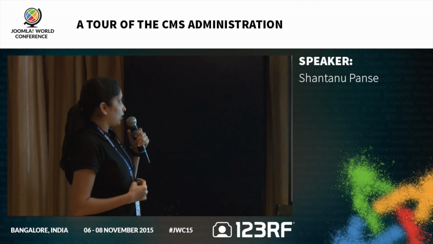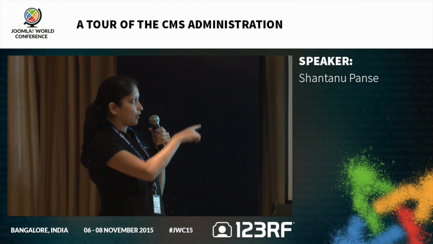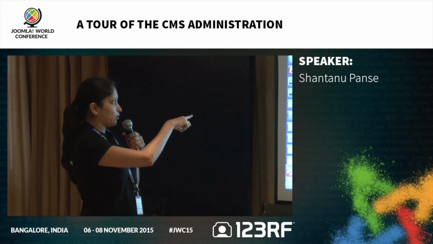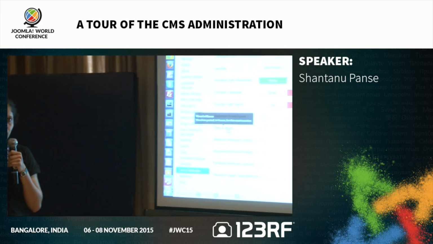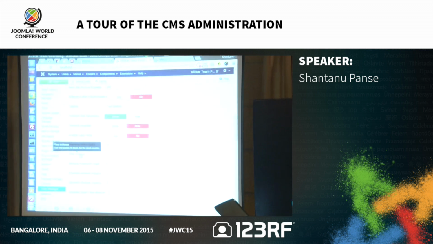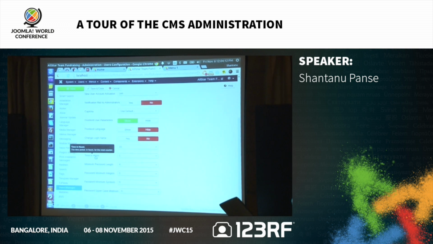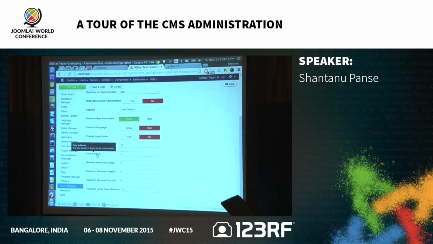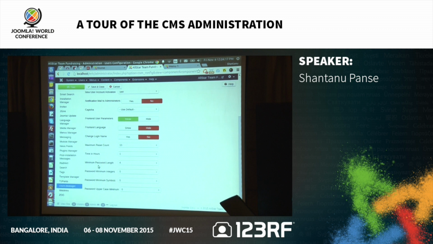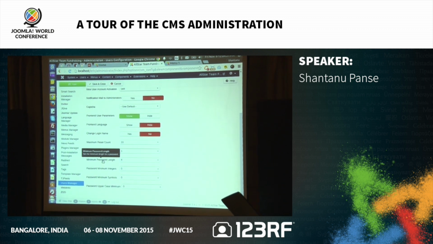Okay, then the reset counter, as we saw, the user can reset the password 10 times, and time in hours means how much time period should be in between resets. So that is time in hours. So minimum password length, the user must enter a password of minimum length, which is by default 4.